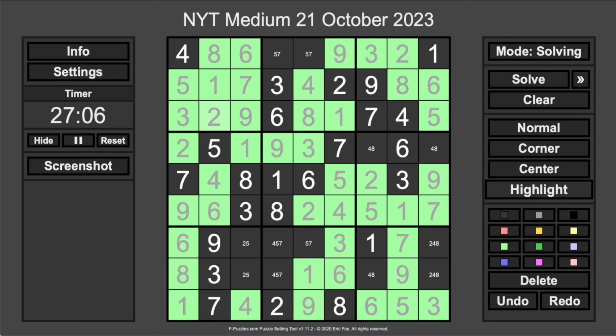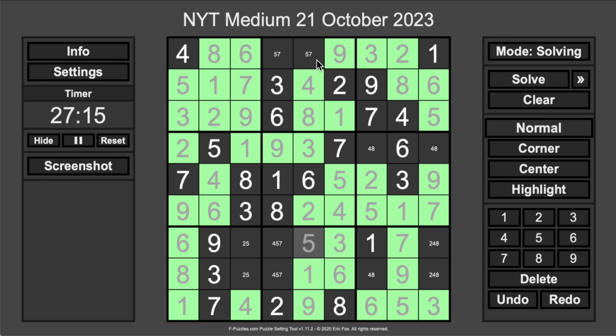And we end up in a deadly pattern here. 5. That is 7. That 4. That 8. That 4. That better be 2. And there we go.